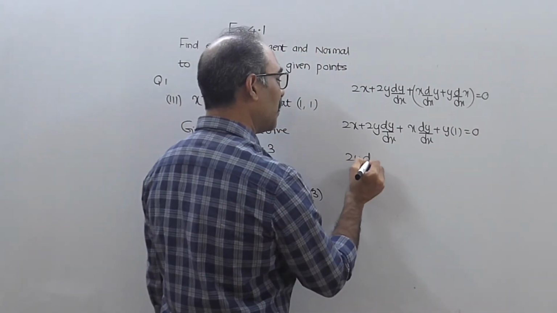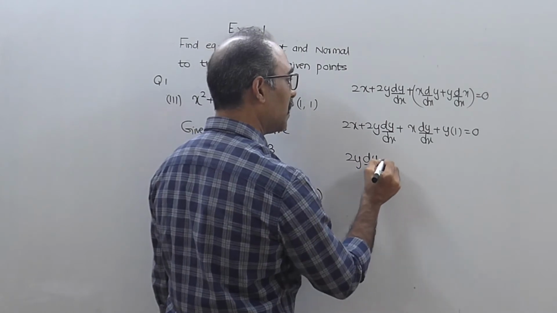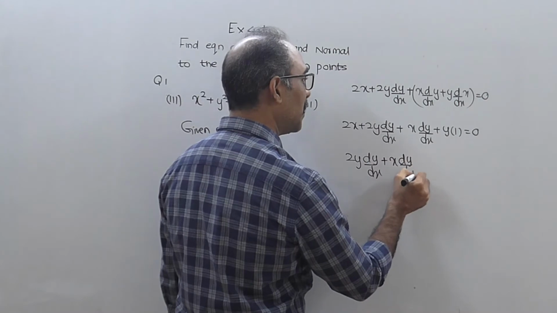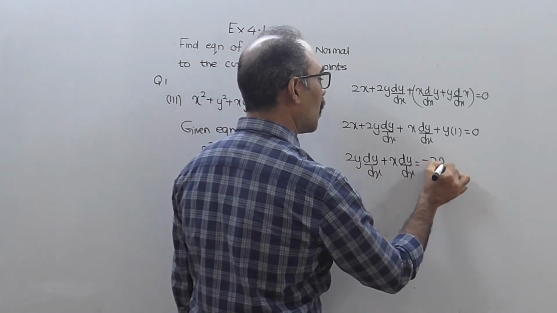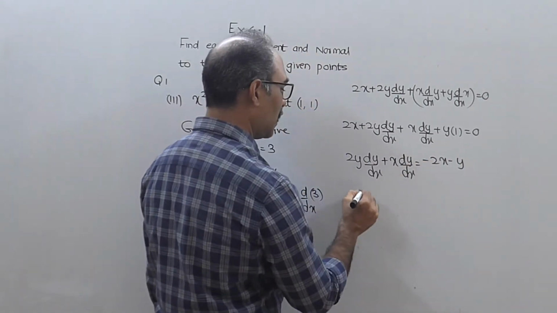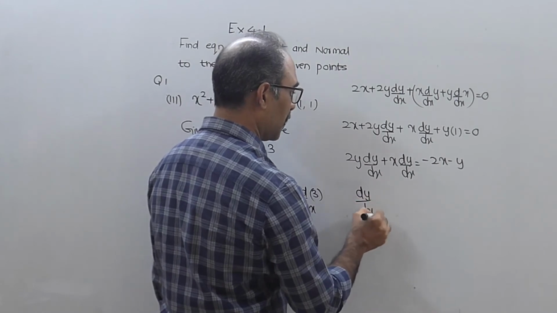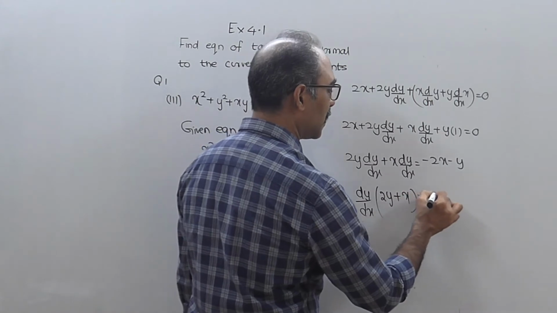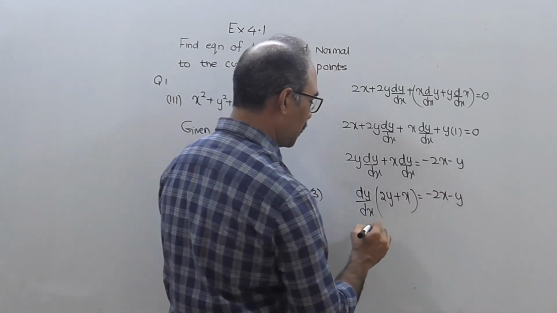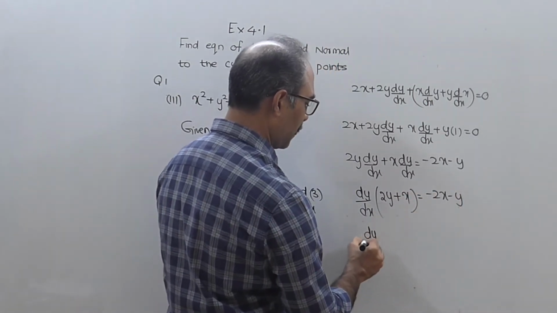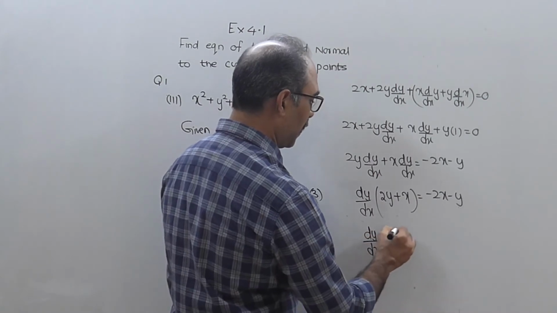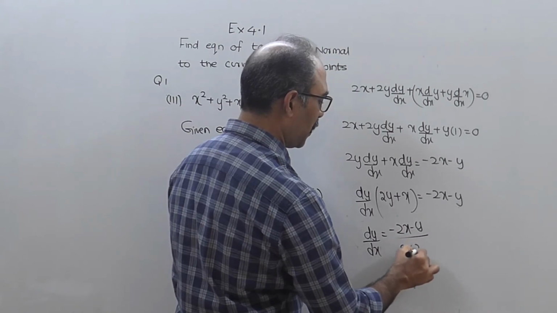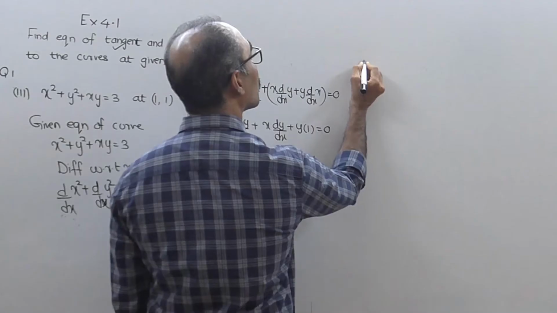So I'll write all dy by dx terms on the left: 2y dy by dx and x dy by dx on the left, and the non dy by dx terms I will take to the right. dy by dx times 2y plus x equal to minus 2x minus y. dy by dx equal to minus 2x minus y, the whole upon x plus 2y.